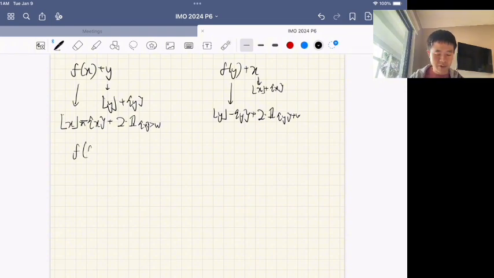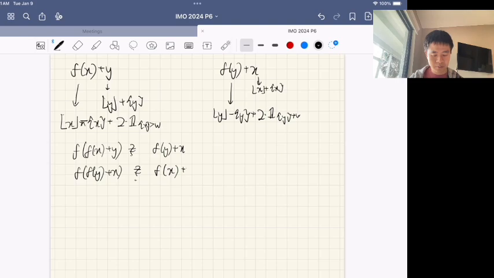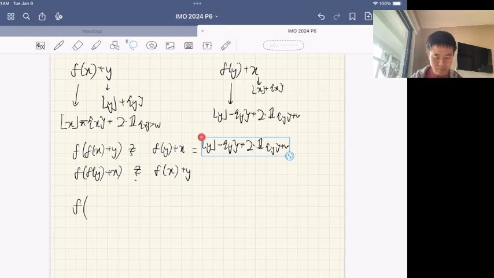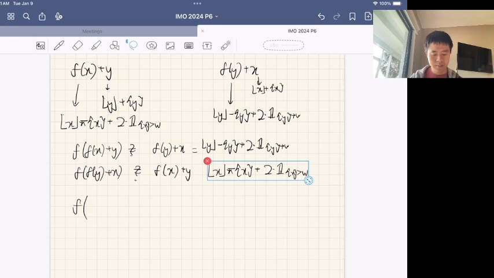Okay, now we want to see whether one of these would hold. Which I guess we can just write something like this. Yeah, just copy it. Okay.